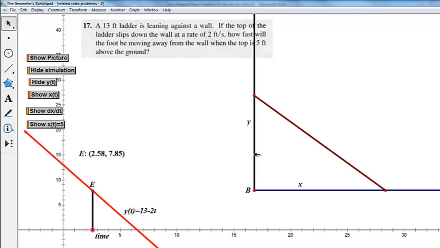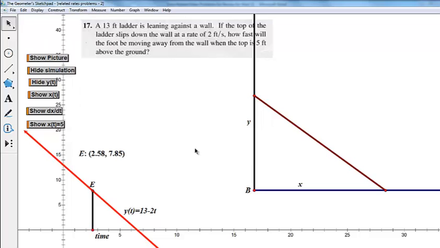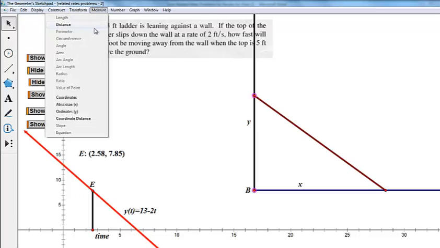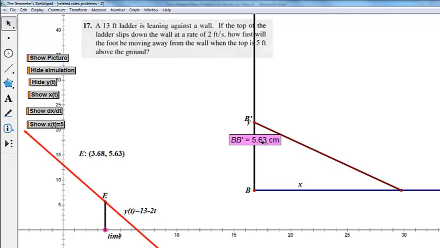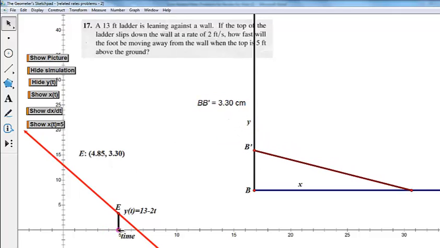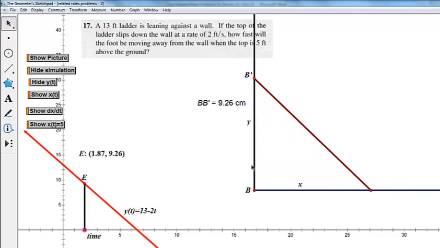So this distance here, if I were to measure it, it's 7.85. Now, I use centimeters, obviously, instead of feet, because it wouldn't fit on my diagram here. But notice how these two numbers are always the same, because we're looking just at the height of y.